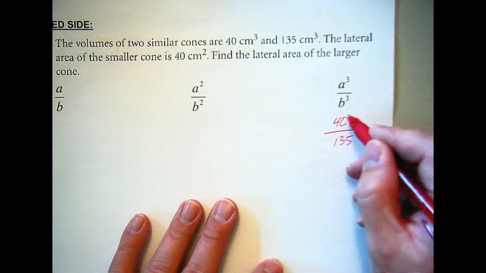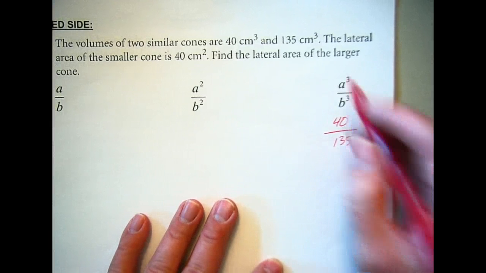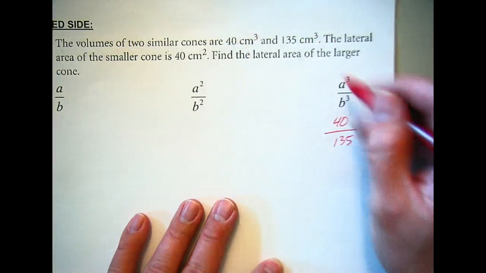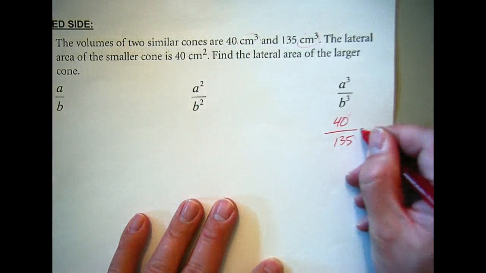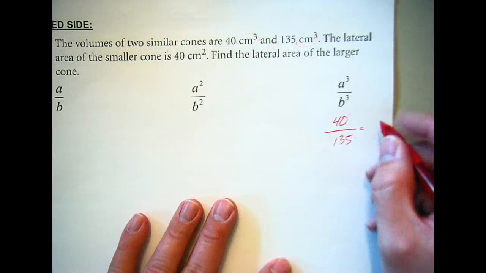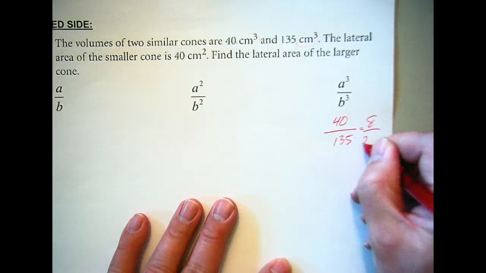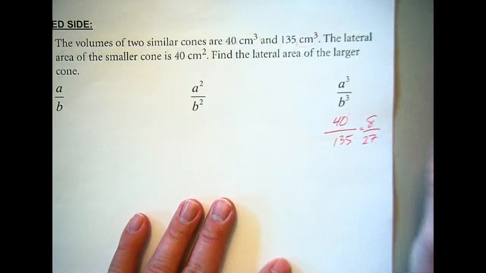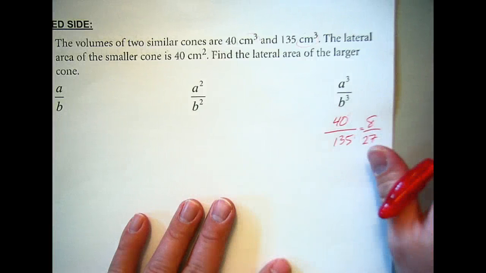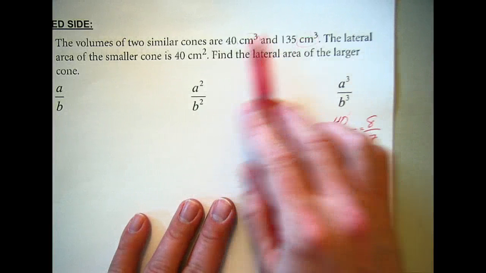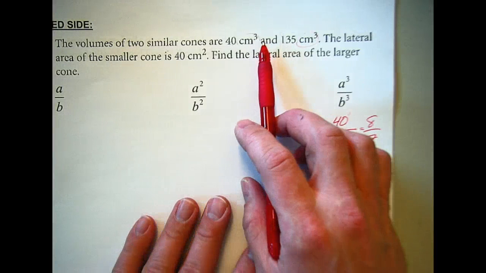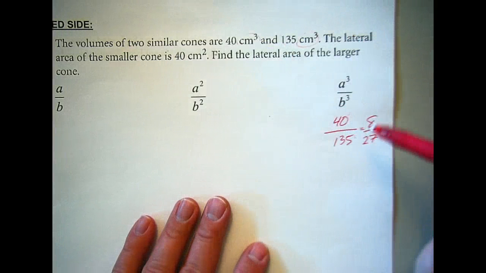All right, we don't have to put the cubes here, right? That's just our label. That's telling us we're dealing with cubic. Okay, and so what does it reduce to? 8 over 27. So not 8 cubed, just 8, right? No cubes. Okay, the centimeters are cubed here. Okay, our label's cubed.